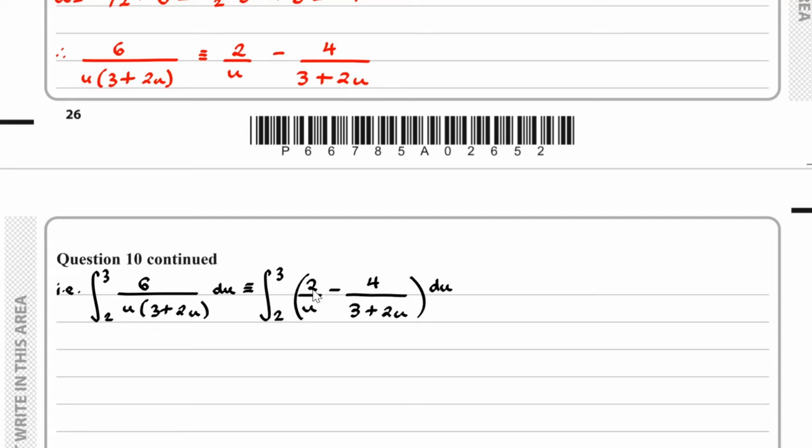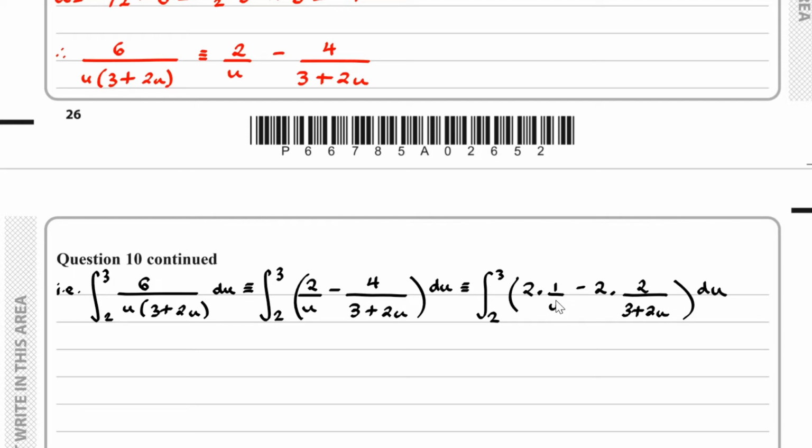And here we have something of the form f dash over f. Now we can make the adjustments for the constants. So we have here 2 lots of 1 over u minus 2 lots of 2 over 3 plus 2u. Here we have something of the form f dash over f.